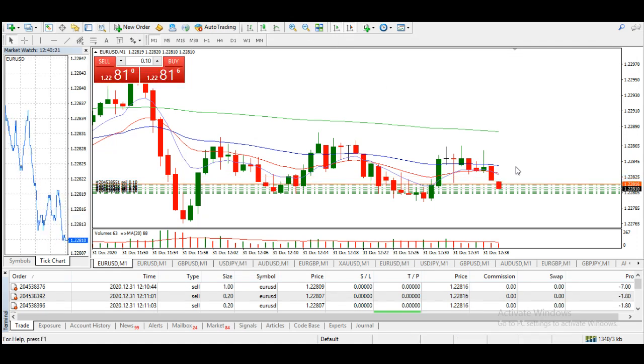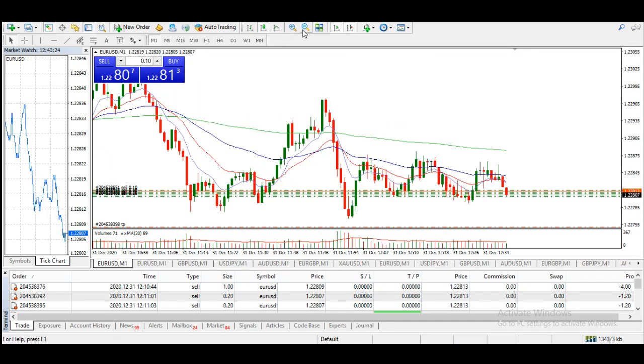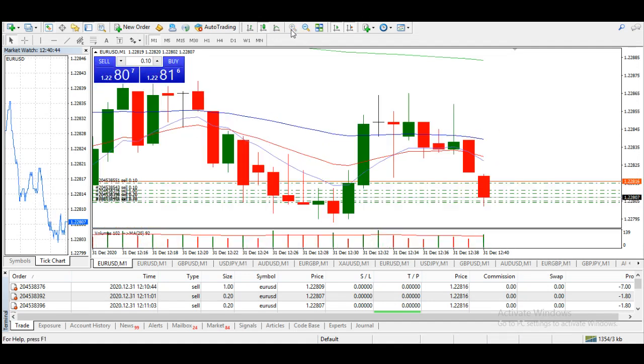So finally, let's hope that now is the trend we are waiting for. We knew from the first that the main direction is down, but we were waiting for this retracement sideways to finish, and let's hope now it's done. Okay, volume is going up. Volume is going up, it's a good sign.